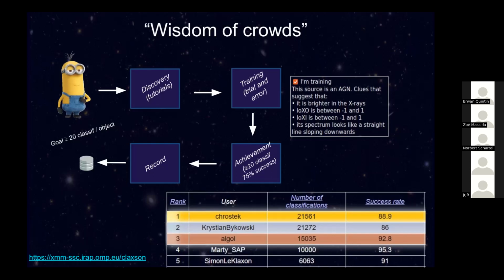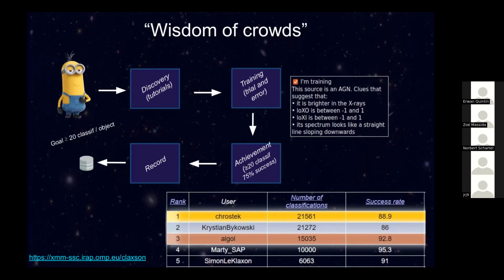The idea is that we can have reliable classifications thanks to the wisdom of crowds. So if a single source was classified as AGN by 19 users and star by 1 user, then it's probably an AGN. I will give more quantities later.